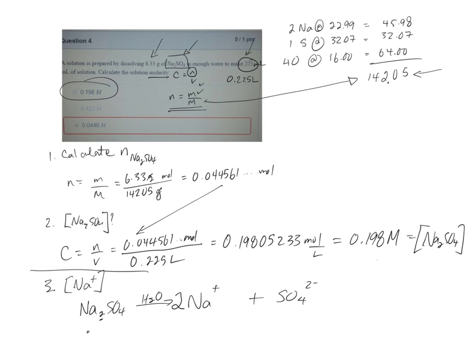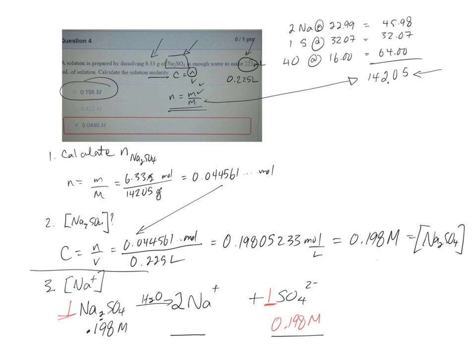So if the concentration of sodium sulfate initially was 0.198 molar, then my question is, what would be the concentration of sodium ions, and what would be the concentration of sulfate ions? So this concentration of sulfate ions, since the coefficient there is 1, would just be the same, 0.198 moles per liter.